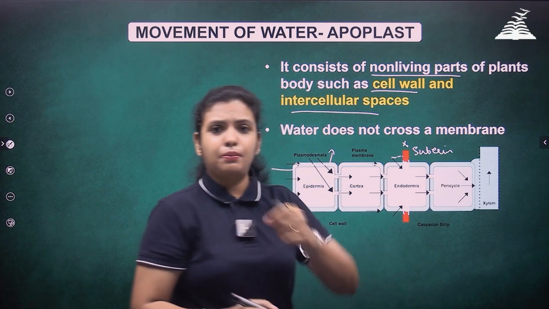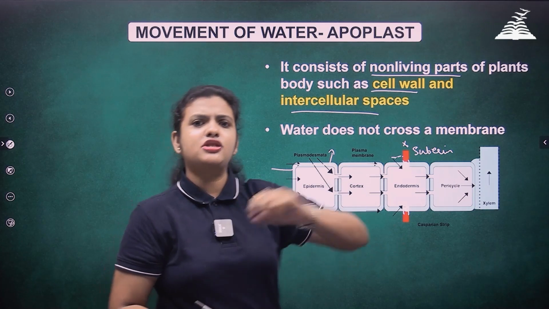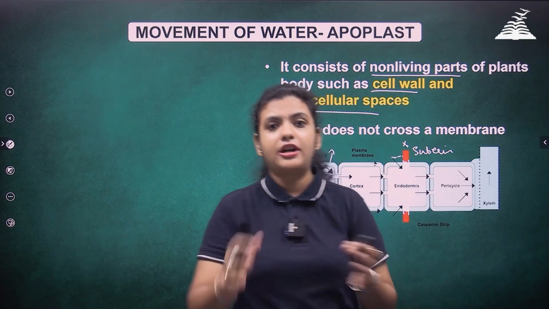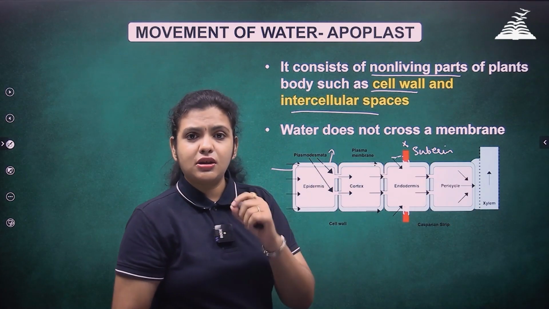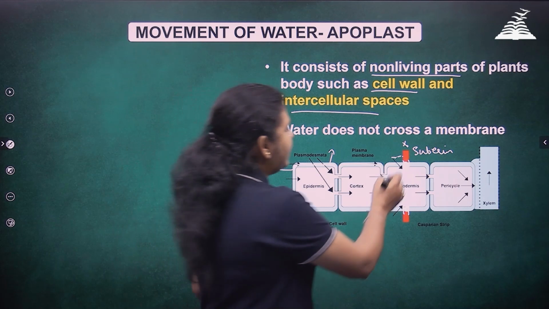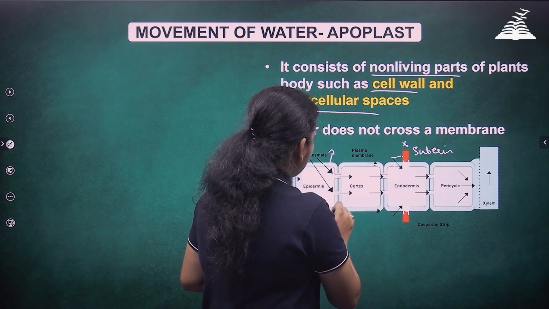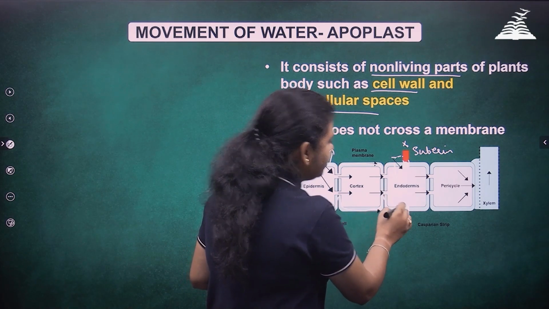Can wax mix with water? No, right? So this suberin is also a waxy coating which does not allow water molecules to pass through it. So what does a water molecule do? It comes inside. Again, this side also, water molecules enter the cortex, come to the endodermis.